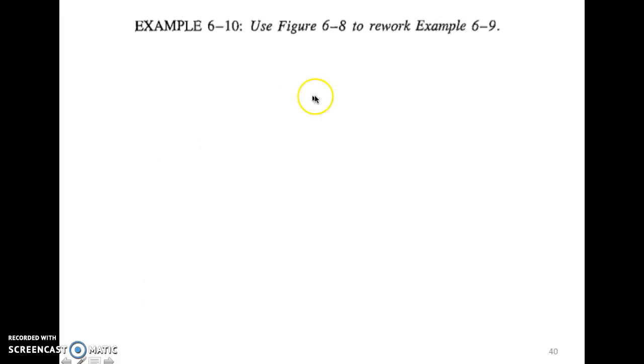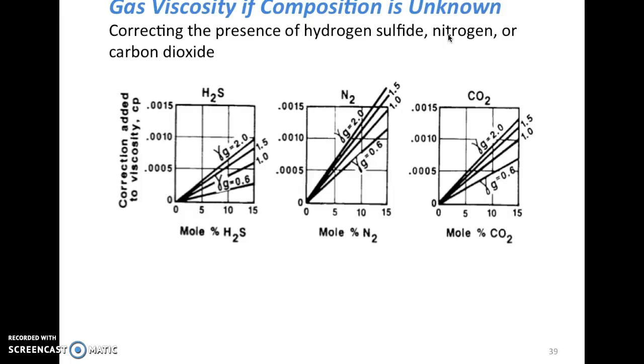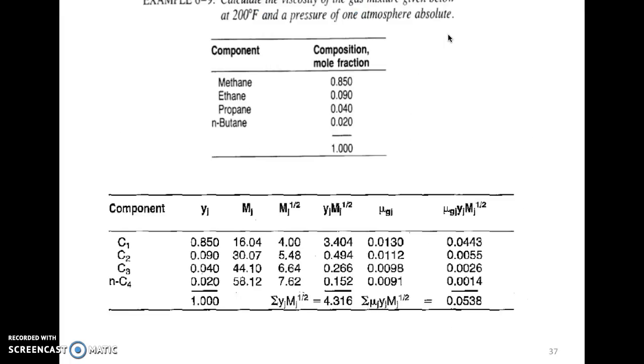Example 6-10 is using figure 6-8 to rework example 6-9. In example 6-9, we had 4 components. We had the composition, and we created a table using the mixing rule and calculated the viscosity.